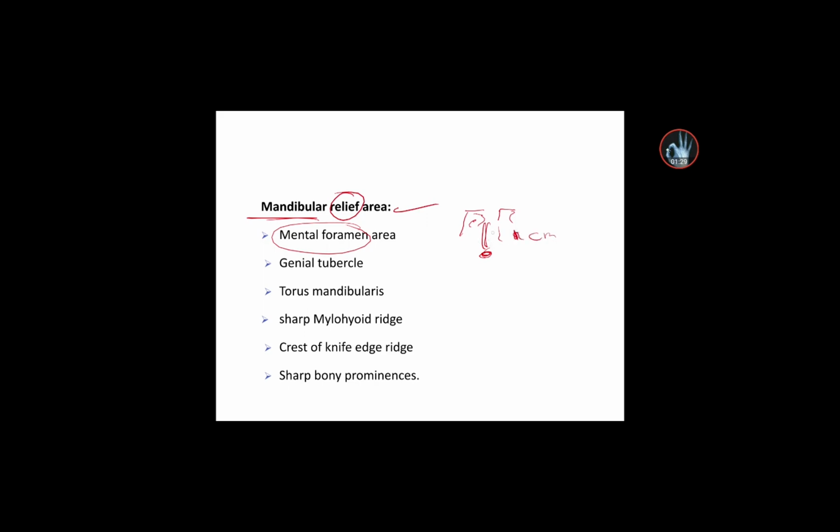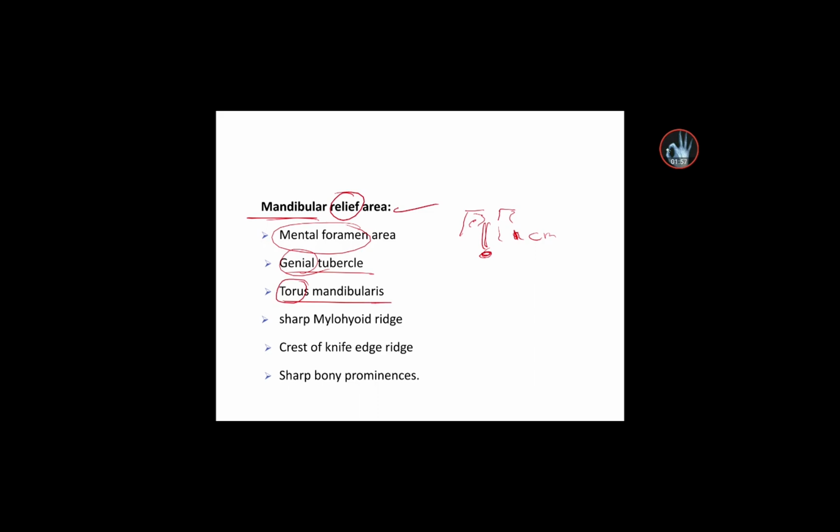Okay. تكون المسافة تحت أو بين الجذعين تبع الضواحك بمسافة 1 سنتيمتر تقريبا يعني. هو genal tuberosity or tubercle. We will see it. And we have torus mandibularis. There is something called torus palatinus, and we talked about it on the maxillary.